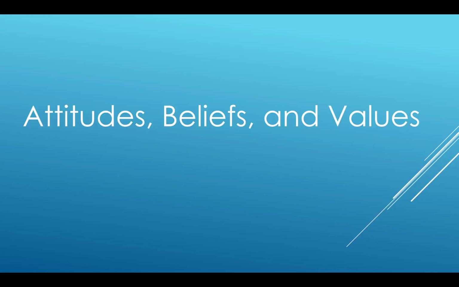Before we look at the 4 strategies, let's do a quick review of attitudes, values, and beliefs. These can be written in any order, and these were terms that you defined in your chapter review assignment.